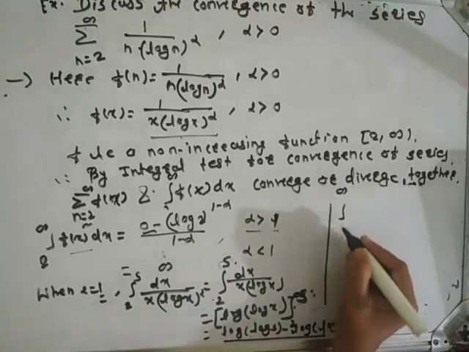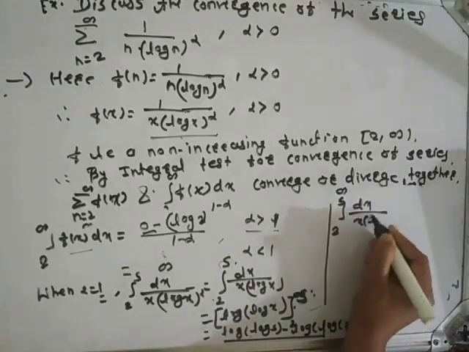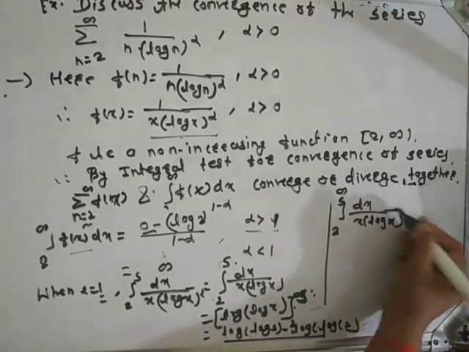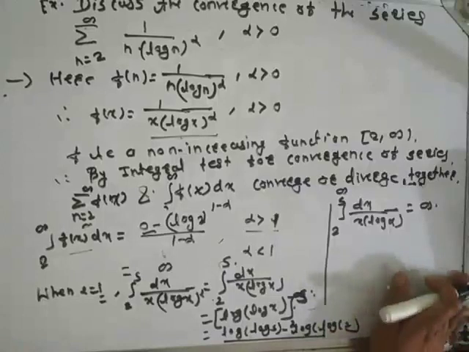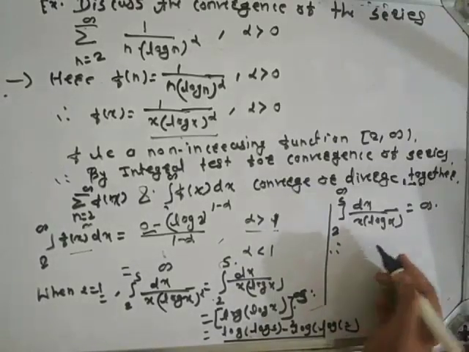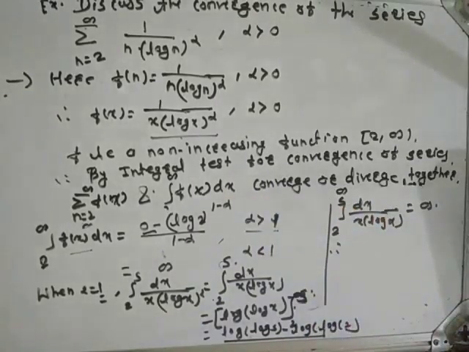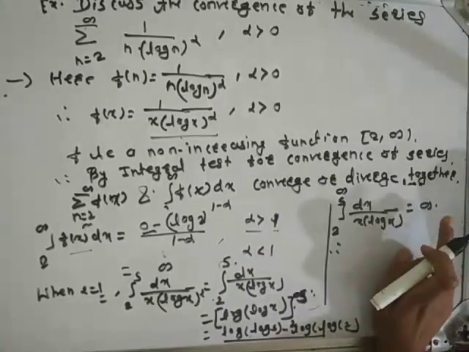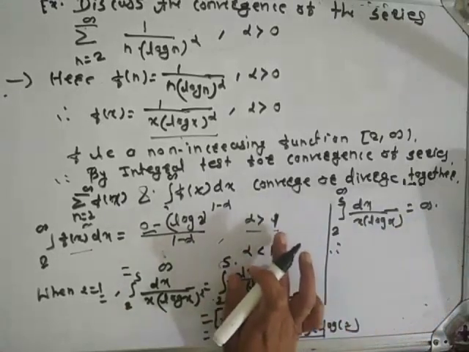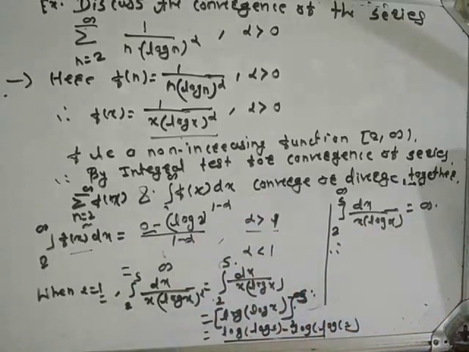So the integral of dx upon x log x is equal to infinity. Therefore, this integral from 2 to s of dx upon x (log x) raised to alpha converges if alpha is greater than 1 and diverges if alpha is less than or equal to 1.